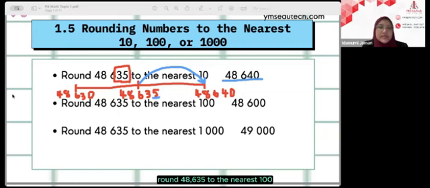Let me show you another example. Round 48,635 to the nearest 100. Identify the digit that is in the hundreds place, that is digit 6.